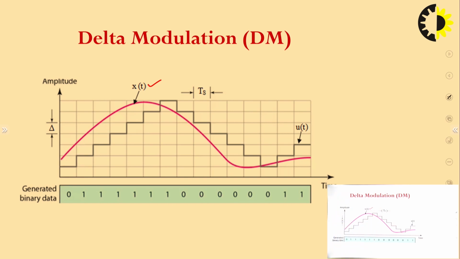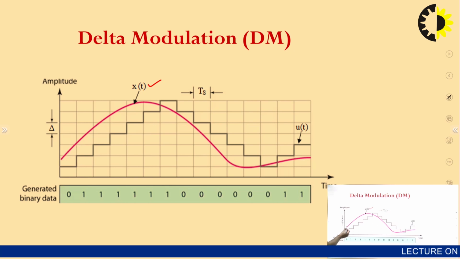Now, if we have to represent this message signal using quantization and binary information, then here we can see that during the initial phase, when our message signal is rising, we can say that the next sample is greater than the previous sample.